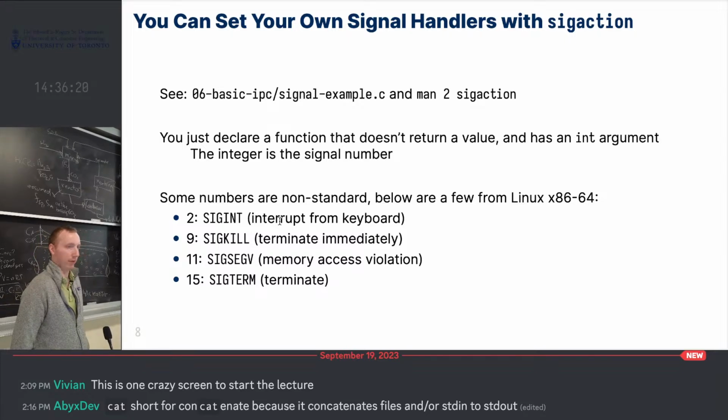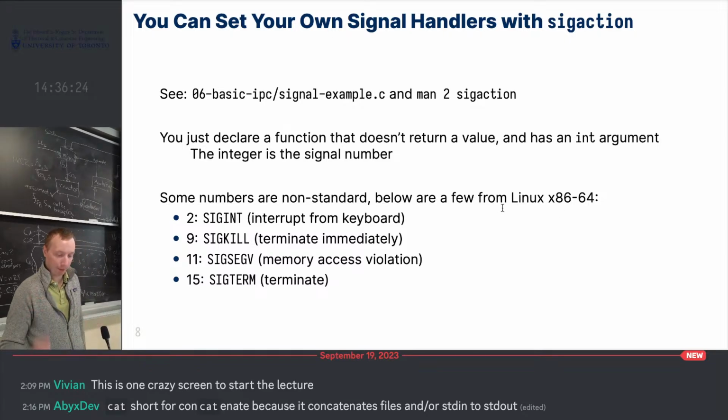Some of the numbers are non-standard. Below are some of them from Linux. So 2 is interrupt from keyboard. 9 is SIGKILL, which is a fun one that we'll get into later. Here's another fun one that you've probably encountered before: SIGSEGV, segmentation fault. That is you dereferencing a null pointer and that fun stuff.